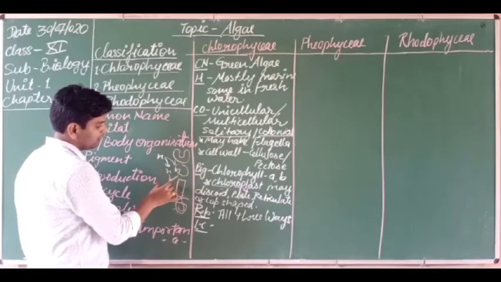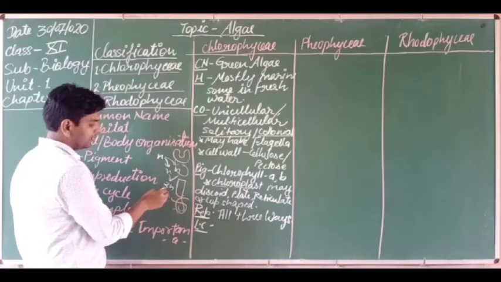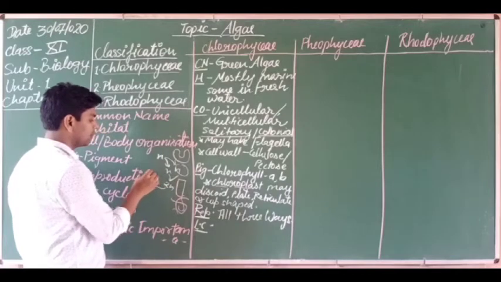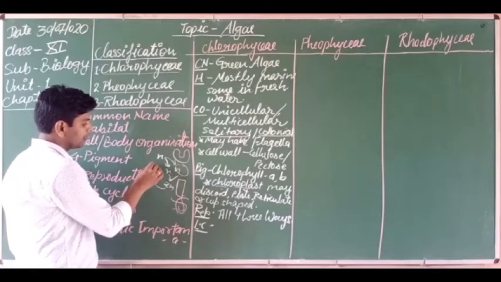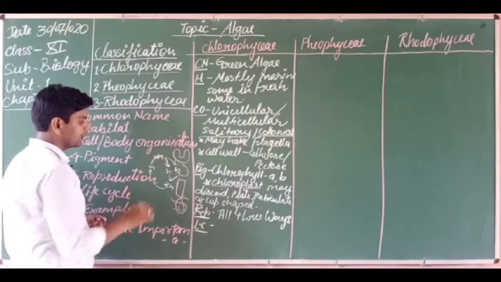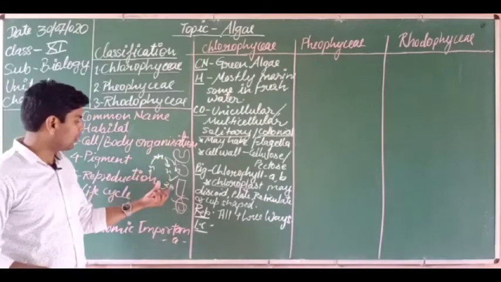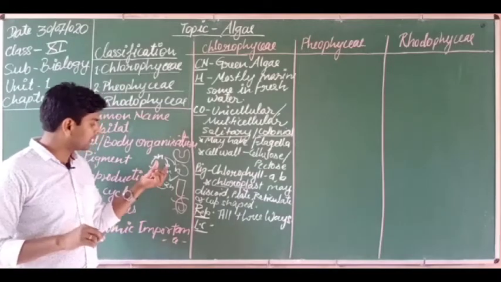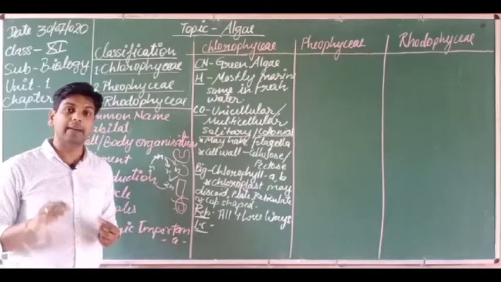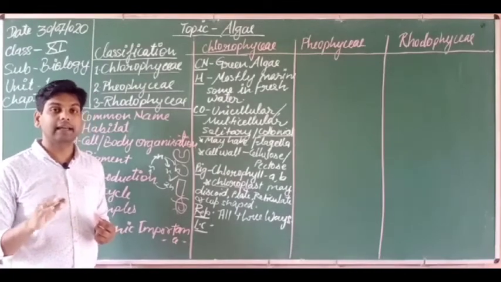These fuse to form the zygote, 2n, and this 2n undergoes meiosis cell division and forms single n spores, and these single n spores germinate to form the plant body. So all the stages are haploid in the whole life cycle. That is why this life cycle is known as the haploid or haplontic life cycle.